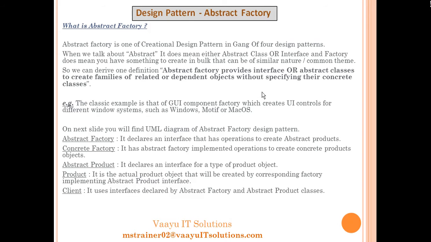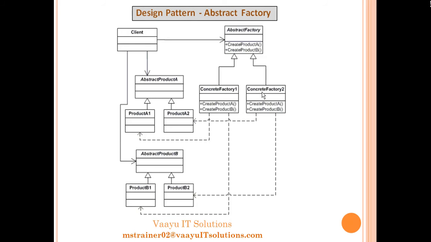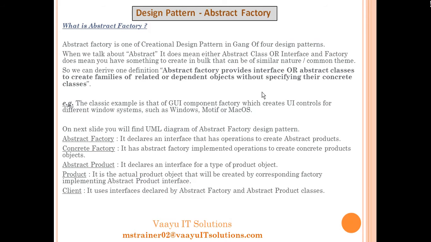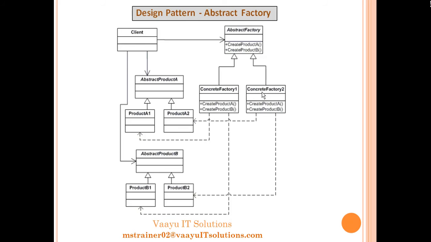The abstract factory declares an interface that has operations to create abstract products. As I said, it has some operations that will be implemented by the concrete classes. The concrete factory implements the abstract factory's operations to create concrete product objects. Next is the abstract product.